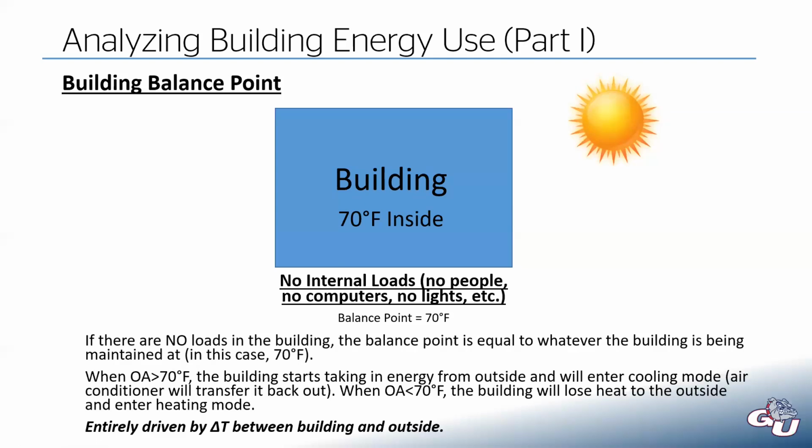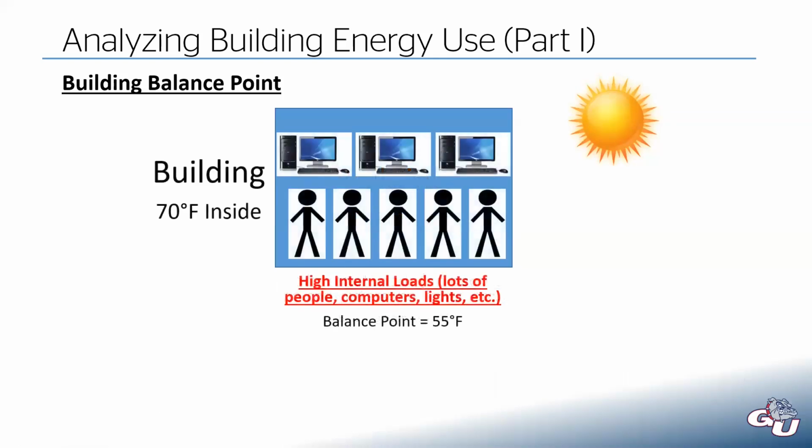Now, if we had an opposite example where we're still maintaining the building at 70 degrees, but now we've loaded it up with people, computers, all the lights are on. We have all this stuff generating heat inside. Well, if it's 70 degrees outside, you're not going to see any heat transfer into the building, but you still have all this internal heat gain, meaning you still need to run your air conditioner.